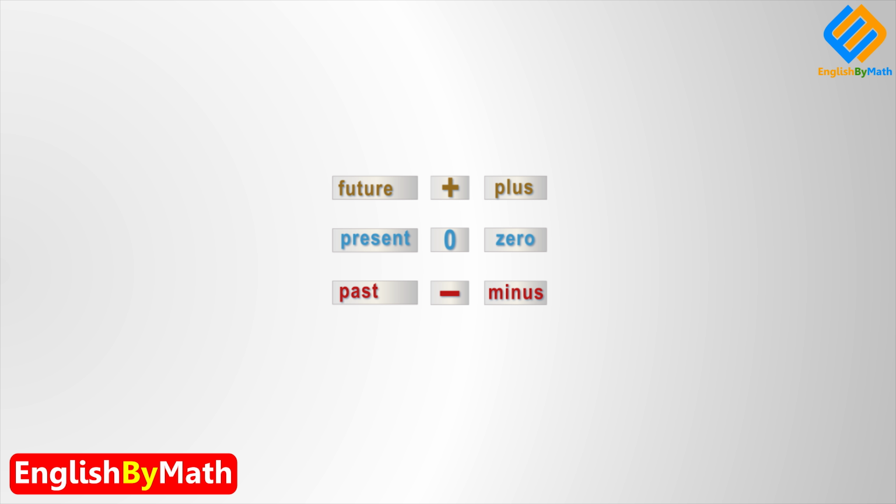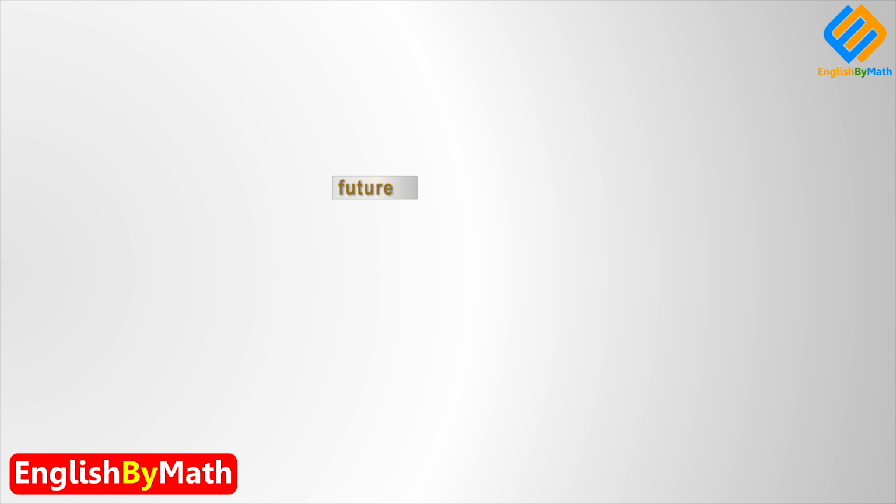So the value of the money is 0. The mechanism of time is therefore a non-stop movement from future to present to past, or from plus to 0 to minus.